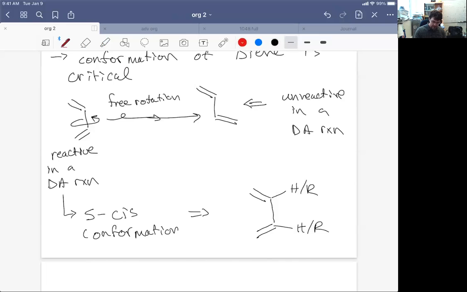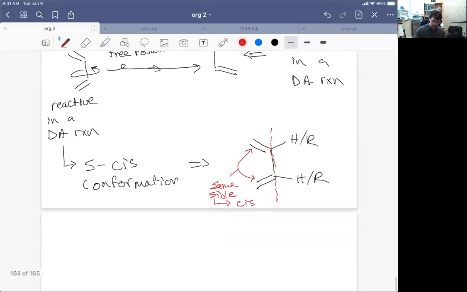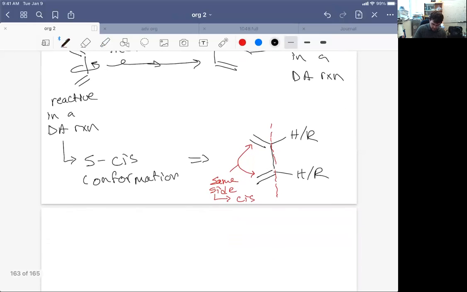Now, I'm going to draw a line right along that carbon-carbon single bond, and I'm going to make note that the two alkenes are on the same side. Now, if they're on the same side, that's sort of cis, right? Cis meaning same. Now, we could draw an alternative one that is S-trans, and I'll get to what the S means in a second.